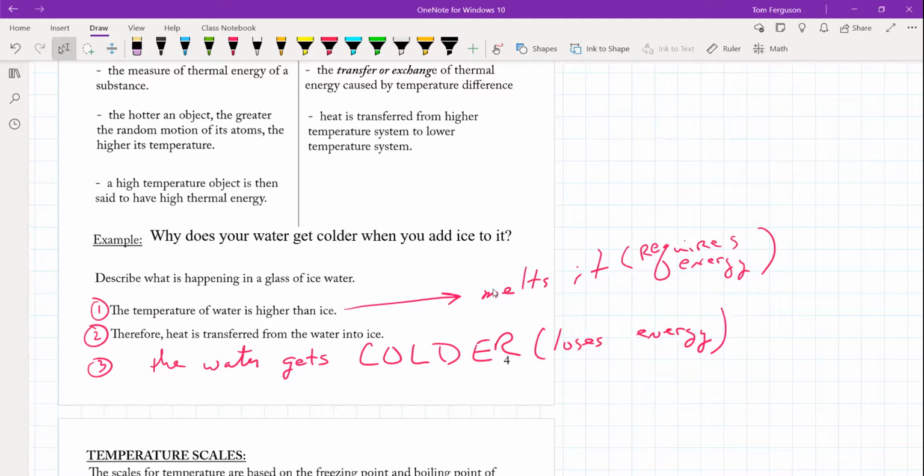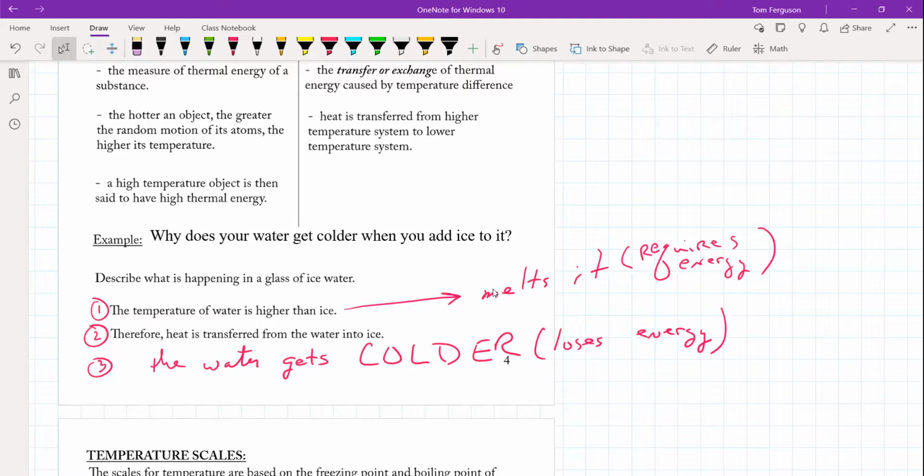So does this exchange of temperature keep going until they're both balanced, I guess? Yes. Basically, all the ice melts, and then the liquid doesn't get any colder because there's no ice left to melt. Because the only way the liquid gets colder is if we have ice to melt.